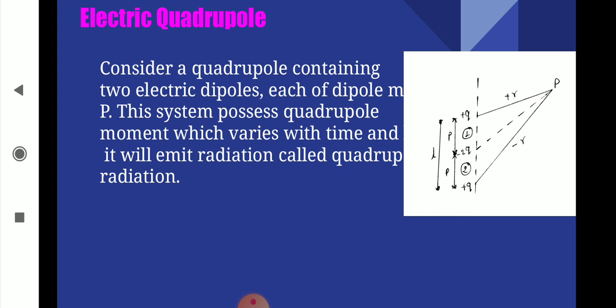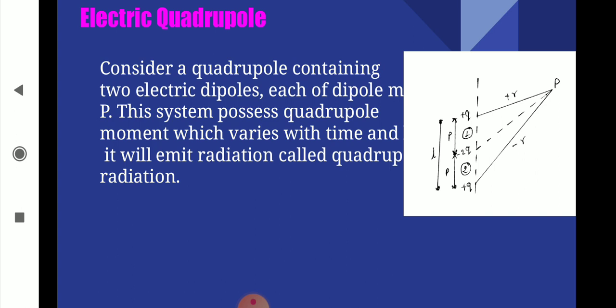Consider a quadrupole containing two electric dipoles, each of dipole moment P. We can see this in this diagram. We are having two charges. One is positive charge, plus Q, and the another one is minus Q. If we are having quadrupole, means we are having two electric dipoles.